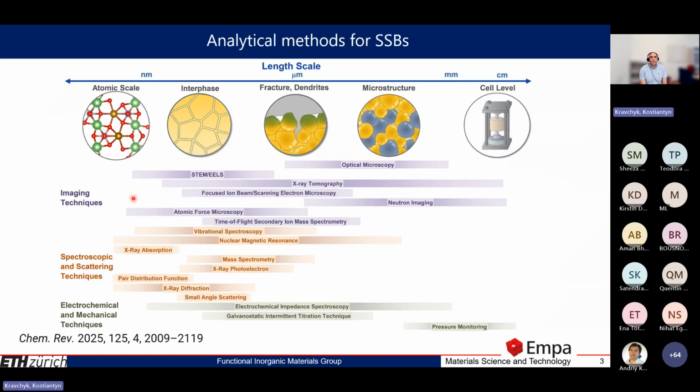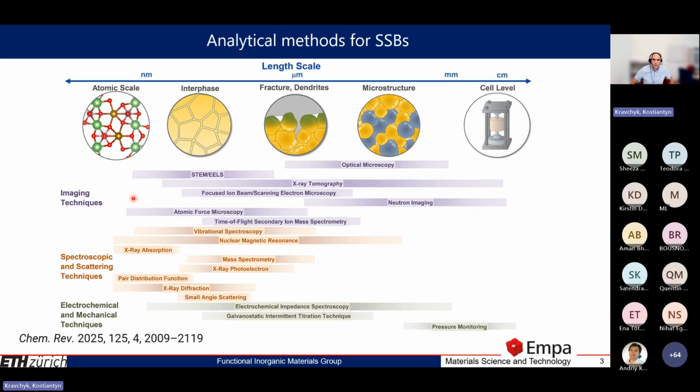When I tried to check review papers and literature which would summarize analytical methods that can be used in solid-state batteries, I found this great review paper in Chemical Reviews.